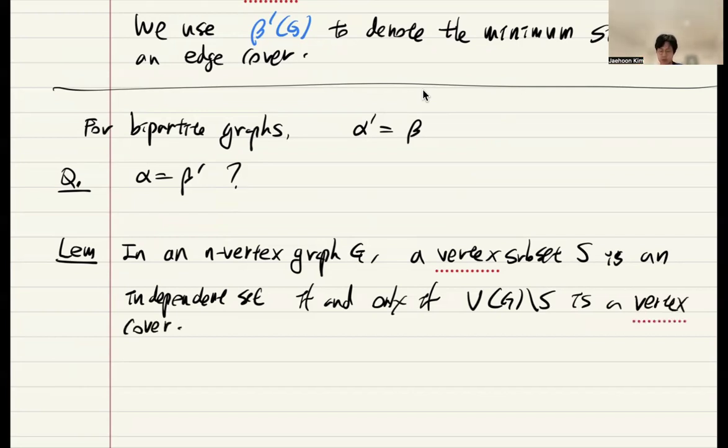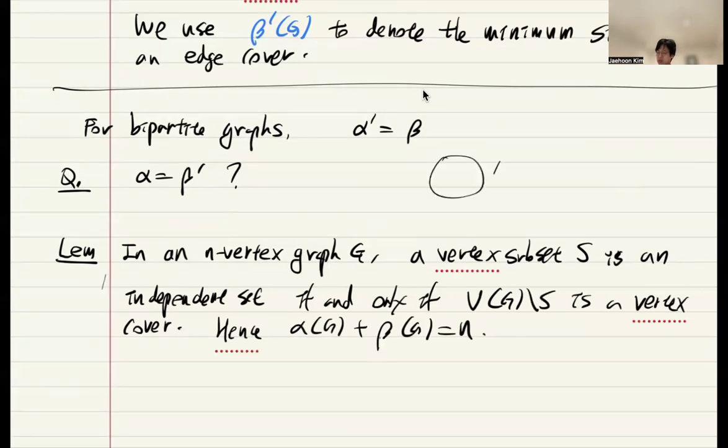This is a pretty easy statement, and it implies that alpha of G plus beta of G is n. Because if this is true, and you take the maximum independent set, then its complement is a vertex cover, and you take the minimum vertex cover, whose complement is an independent set, and maximizing one is the same as minimizing the other, so we get this equality.